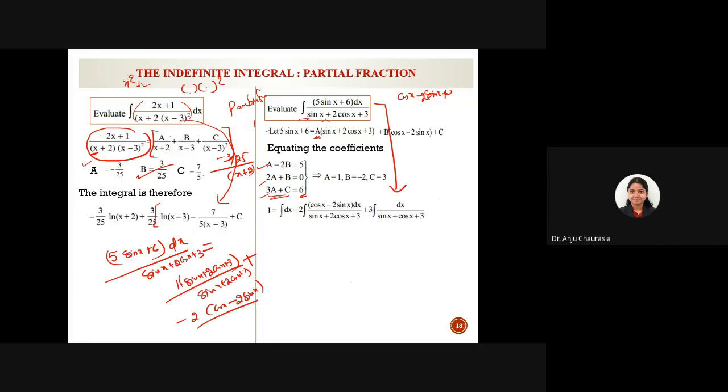This term is as it is here, we had only assumed it. Okay, so that term you have to put equal to this term here, but the denominator is as it is, so that is sin x plus 2 cos x plus 3.